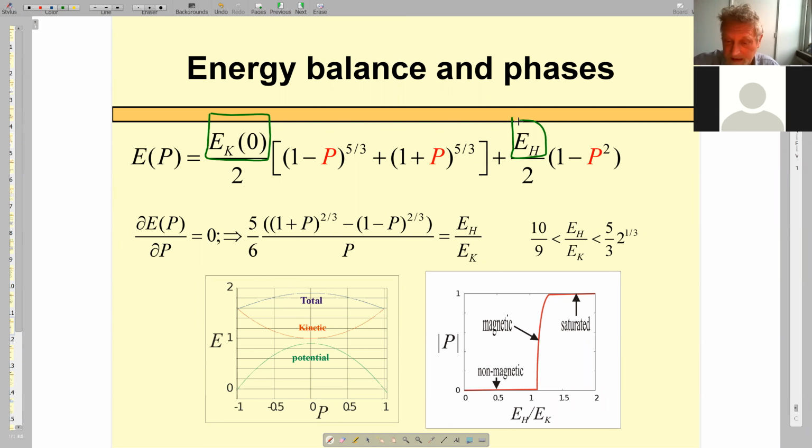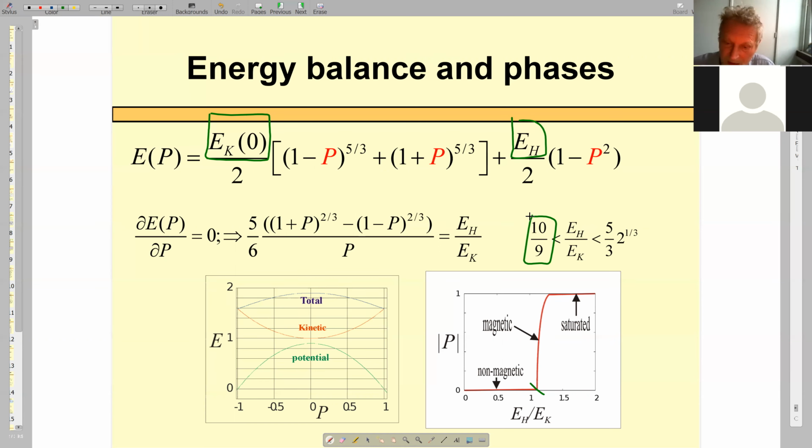And it turns out that it stays non-magnetic till some critical value of this ratio, which is 10 to 9, right? Then finite magnetization appears.